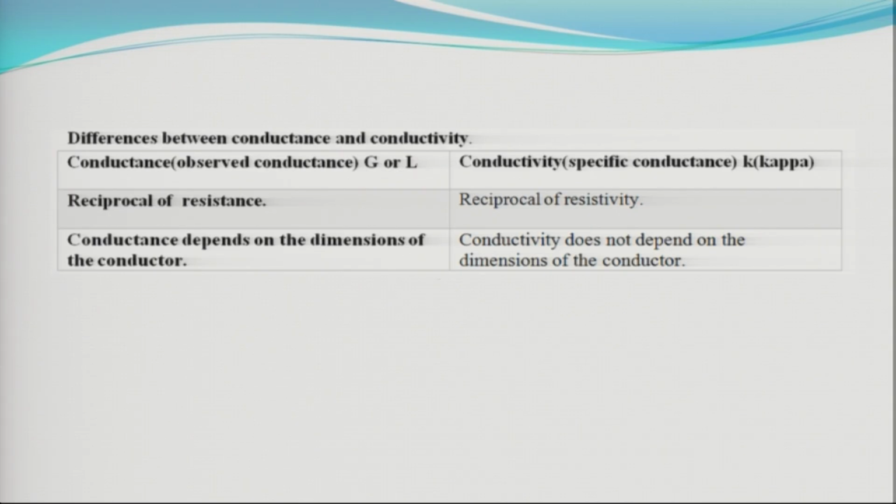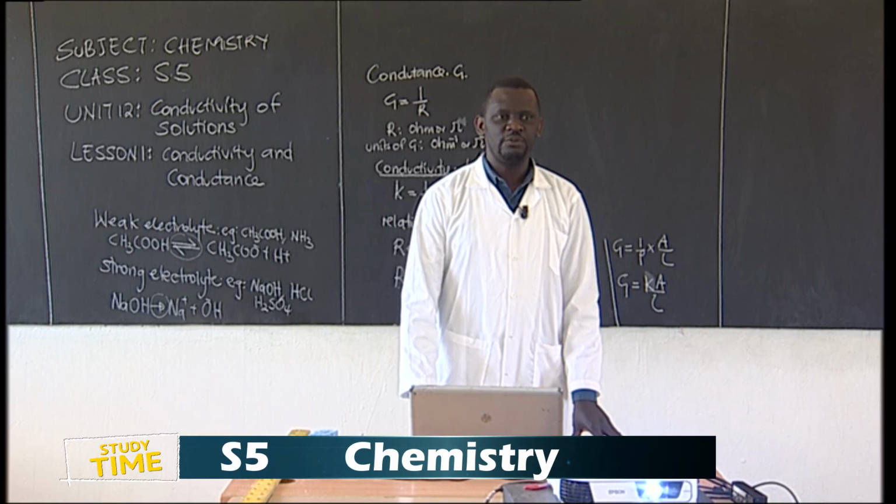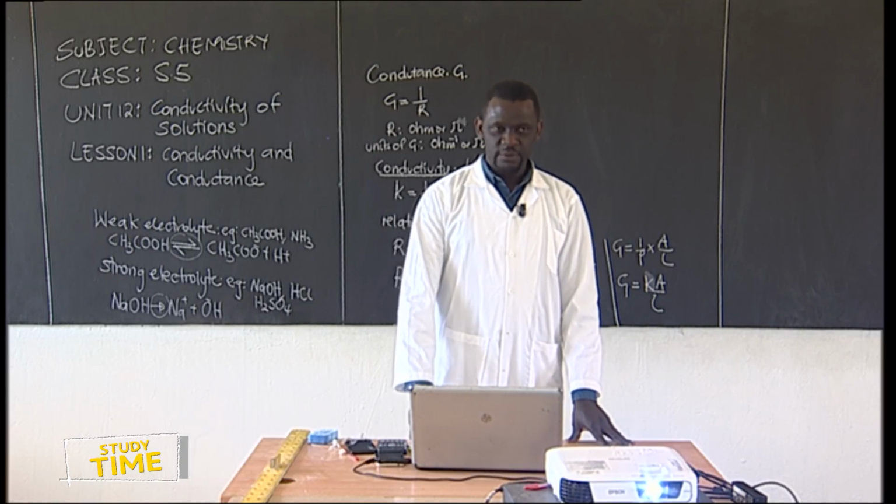The first difference is one is the reciprocal of resistance, another is the reciprocal of resistivity. Then conductance depends on the dimensions of the conductor, and conductivity does not depend on the dimensions of the conductor. Those are some; who can give us more differences here? Yeah, you can give more differences.